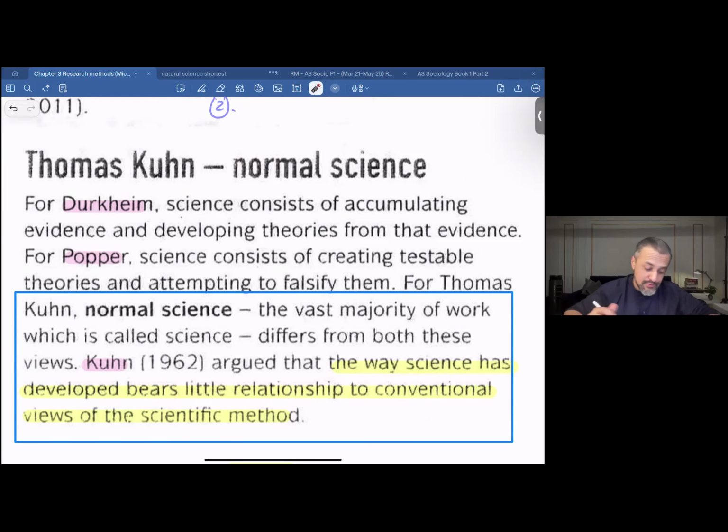Open that book if you have it with you. For Thomas Kuhn, normal science, the vast majority of work which is called science, differs from both these views. Kuhn argues that the way science has developed bears little relationship to the conventional views of scientific method.